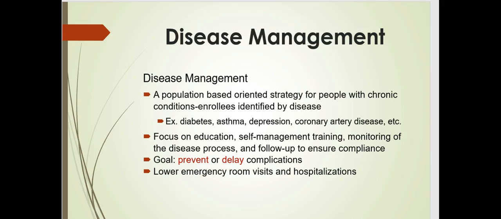Now, the goal here with disease management is to prevent or delay complications, and lower emergency room visits and hospitalizations. That is the goal. Now, the next topic I'm going to be covering is utilization review.